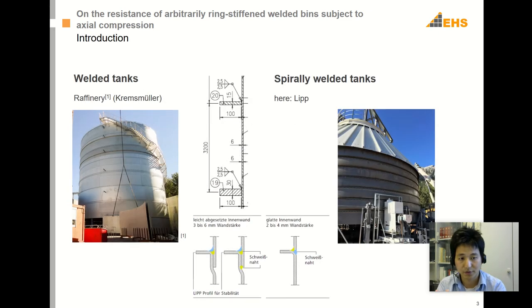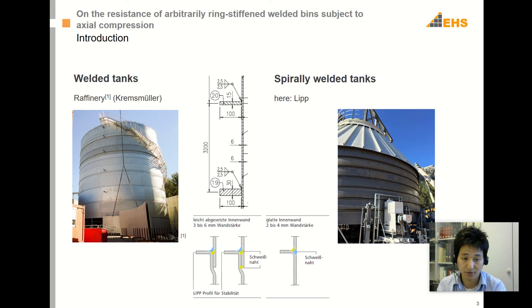We know that ring-stiffened shell structures, I mean tanks and silos, are widely used in many industry fields. In this slide, you can find some real tank structures with ring stiffeners. Here you can see the ring stiffener, and here also. Stiffeners can increase the stability of thin shells to achieve high material efficiency.